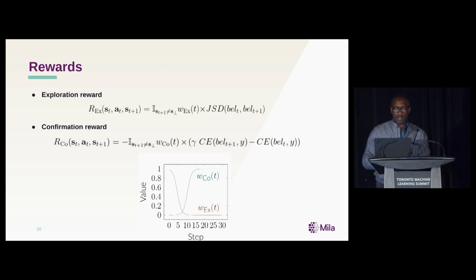The idea here is that by advancing in the interaction, we would like the prediction made by the system to be as close as possible to the ground truth differential diagnosis. And again, we have a temporal modulation that will capture the importance of that reward component over time.